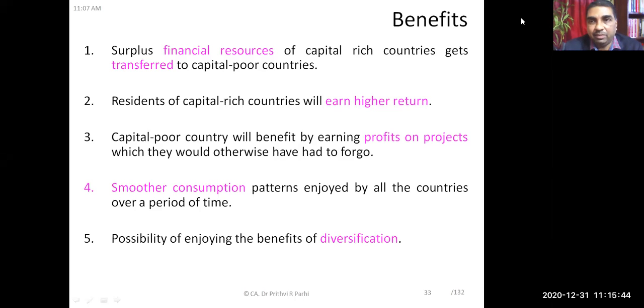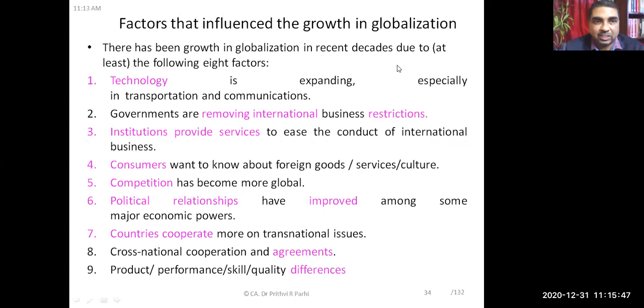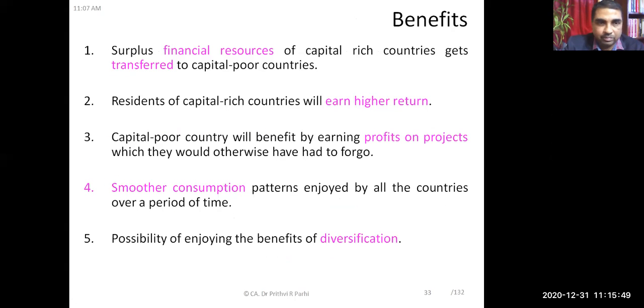As you can see, various points are there. One by one, we'll be discussing. First point is that, can any one of you read point number one? Surplus financial resource for capital rich countries get transferred to capital poor countries. Yeah, this is one big benefit or big advantage.